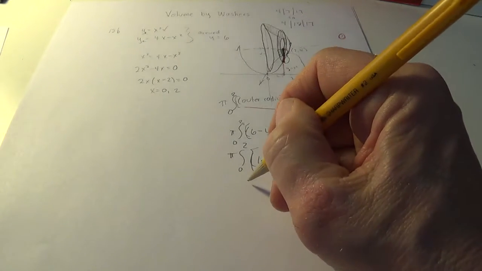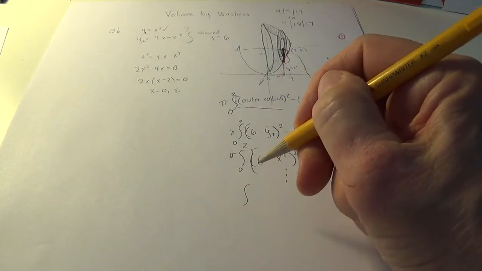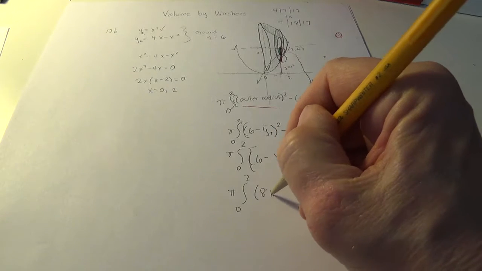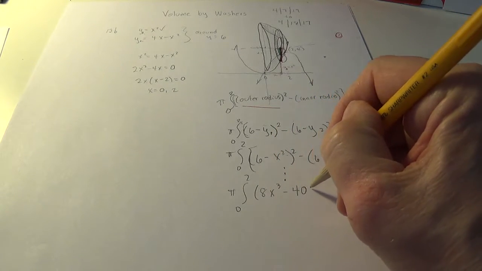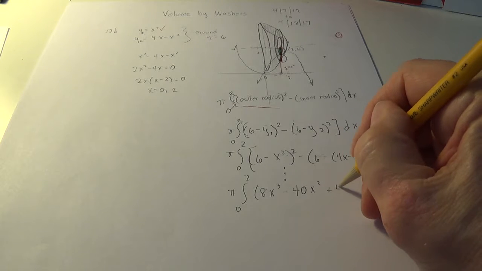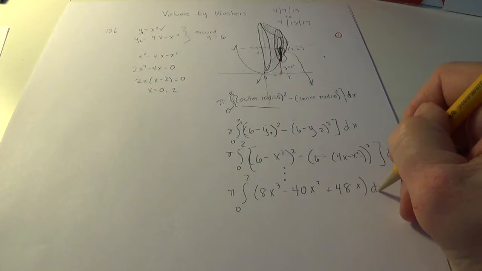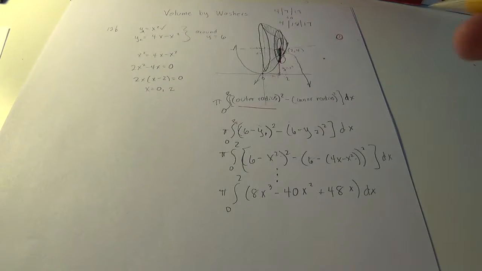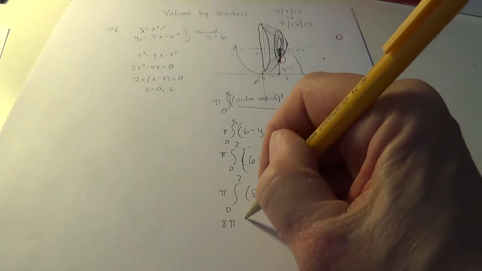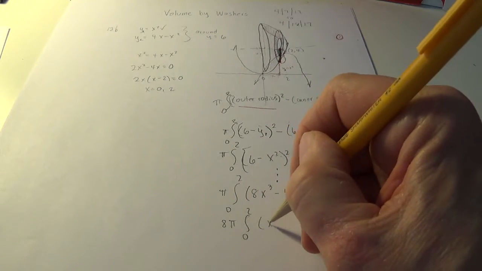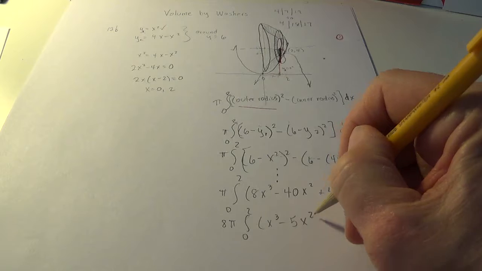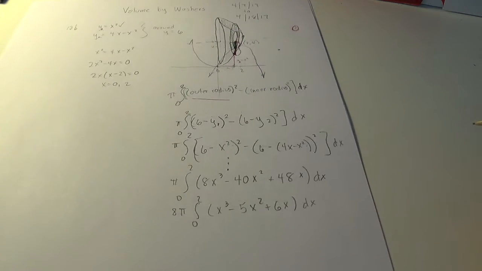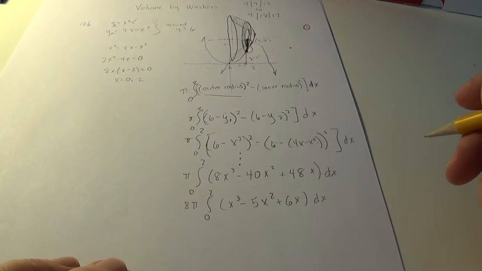I'll show you my work, but I won't talk you through it. At the very end, here's all that was left: 8x cubed minus 40x squared plus 48x. And I noticed they all had an 8 in them. So I pulled out an 8 along with my pi to make the integral even simpler. And I asked you to do at least one integral by hand, so if you get this one down to this, it's a pretty easy one to do by hand.